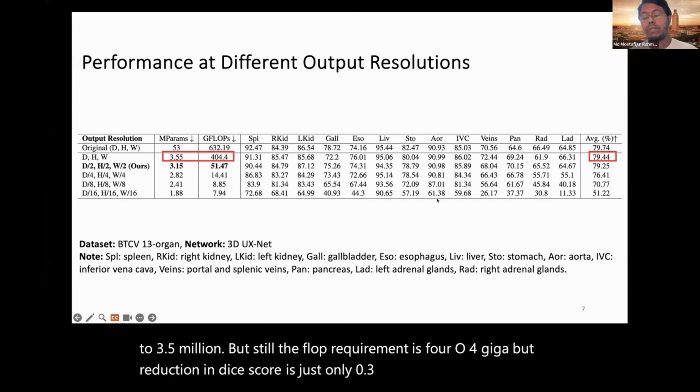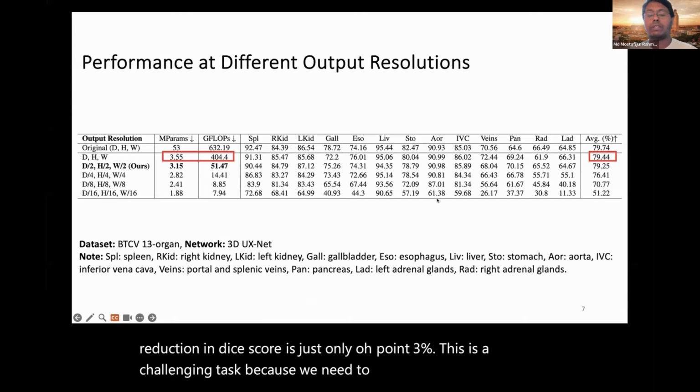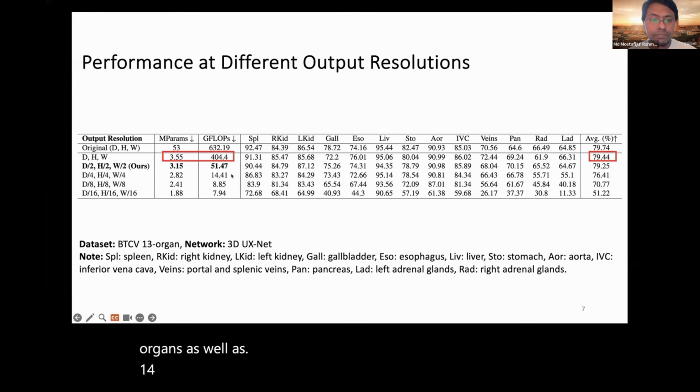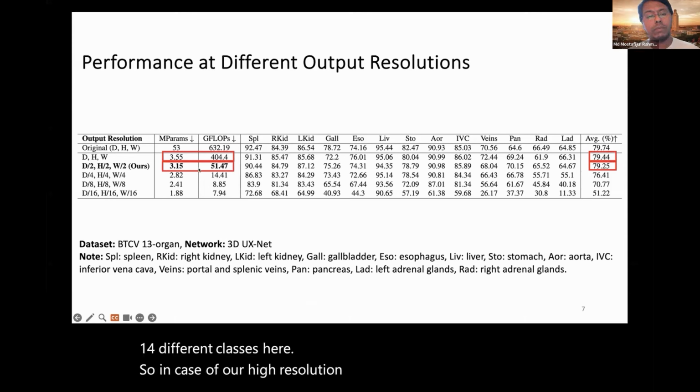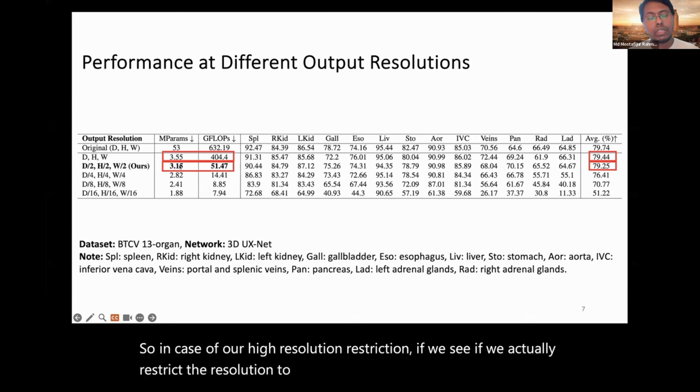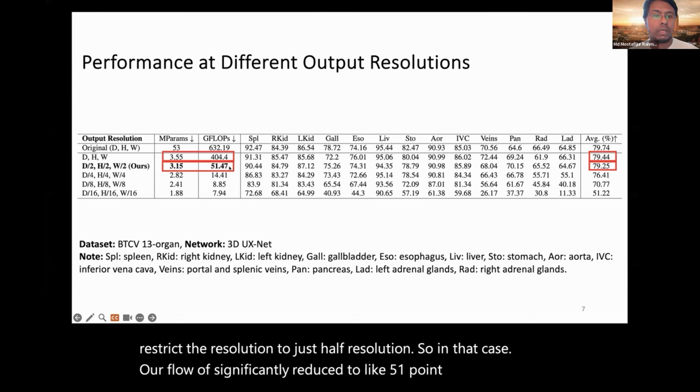This is a challenging task because we need to segment different shaped organs, and there are 14 different classes here. In the case of our high resolution restriction, if we restrict the resolution to just half resolution, our FLOPs are significantly reduced to 51.47 giga.